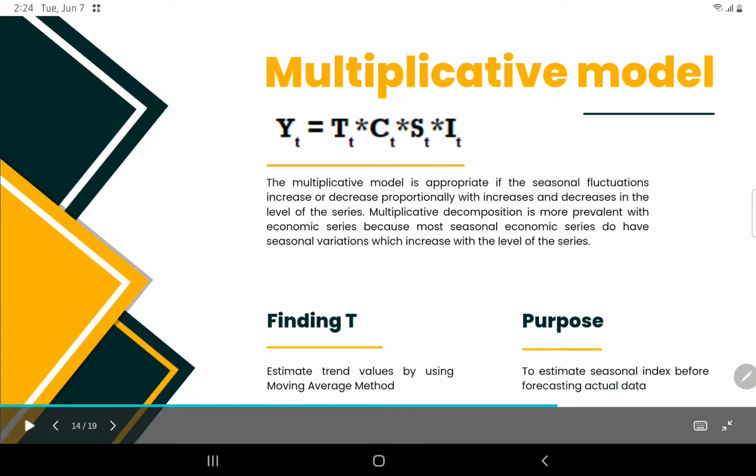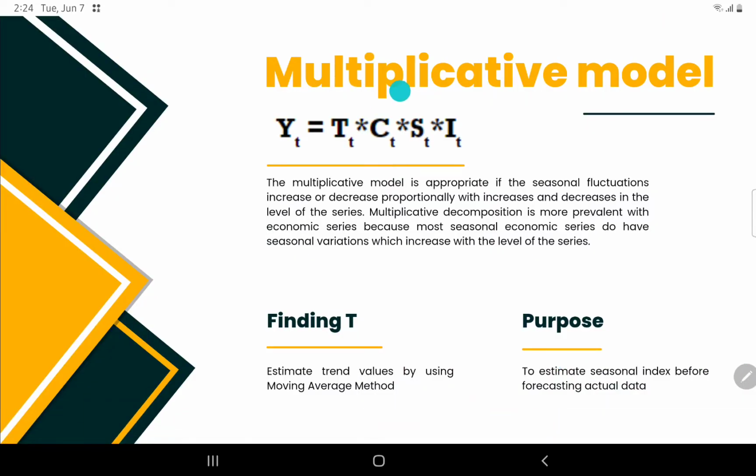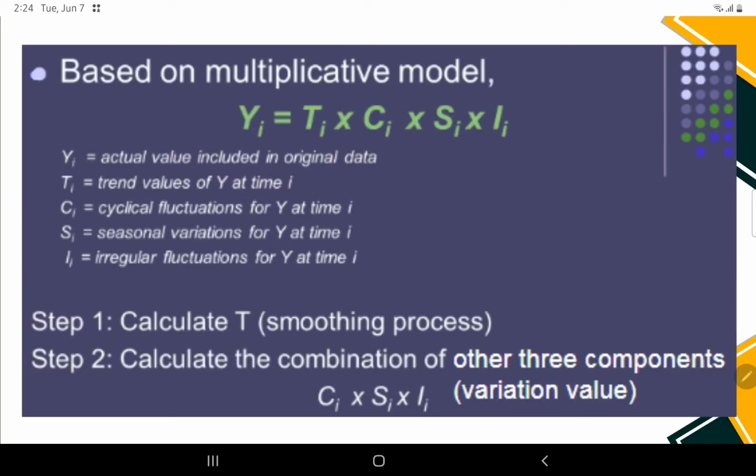This multiplicative model is appropriate if seasonal fluctuation increases or decreases proportionally with increase and decrease in the level of the series.